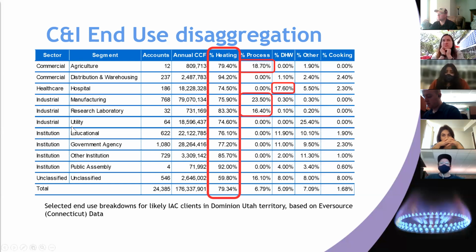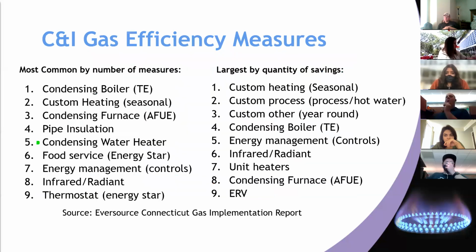Some places like hospitals and maybe a gym or a swimming pool might have significant use for, just a lot of people taking showers, a lot of laundry to take care of. So that's not super common, but it's also one of the larger sectors of gas use in the industry.